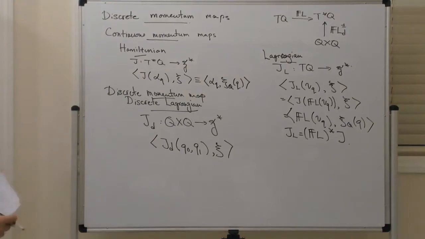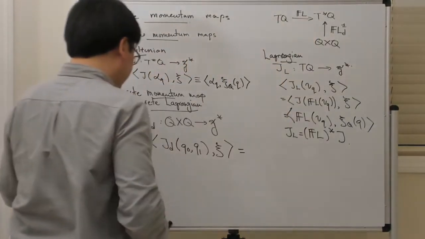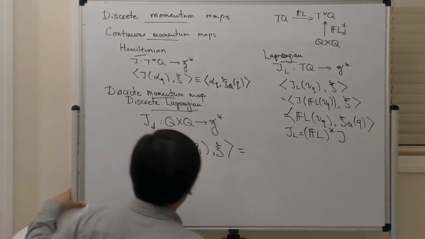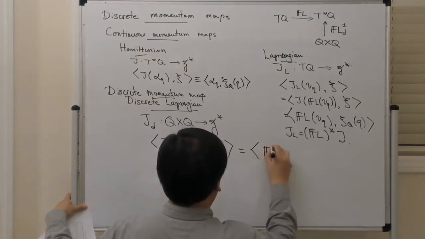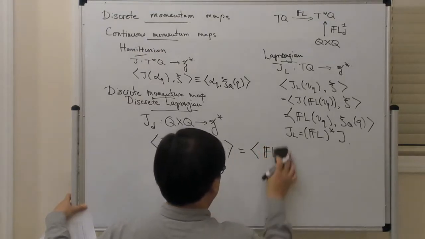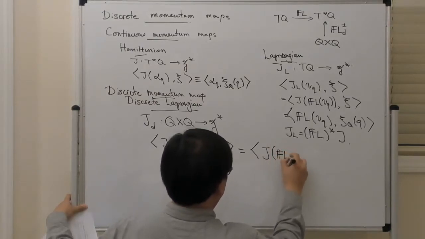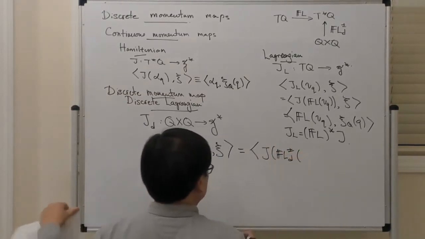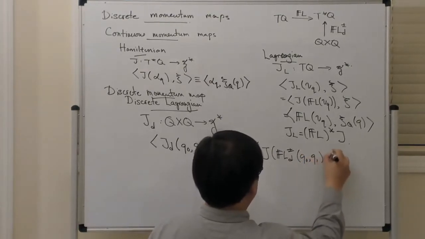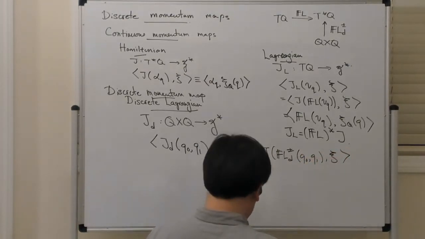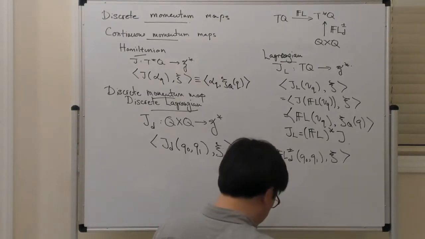Okay, so that, as you might expect, is also defined with respect to pullback. So you get J applied to FLD plus minus Q0, Q1 paired with the algebra element.